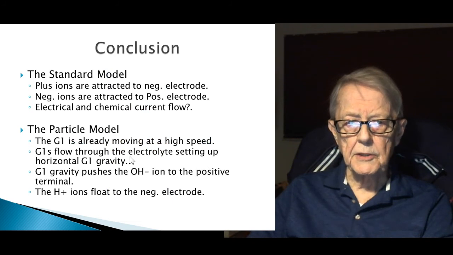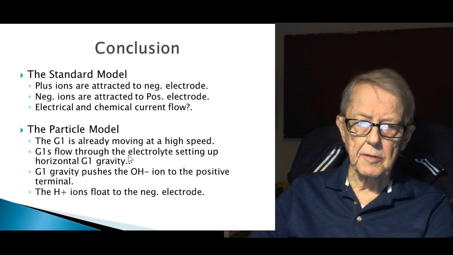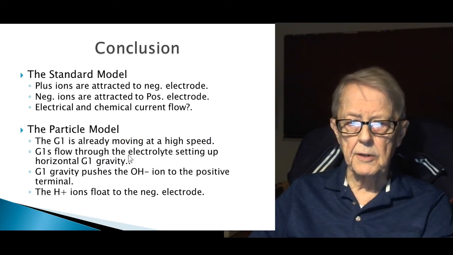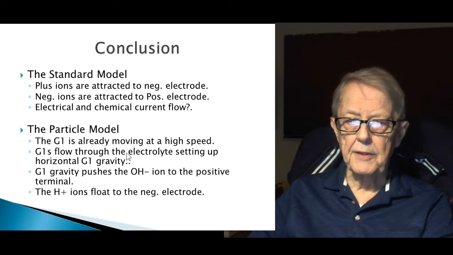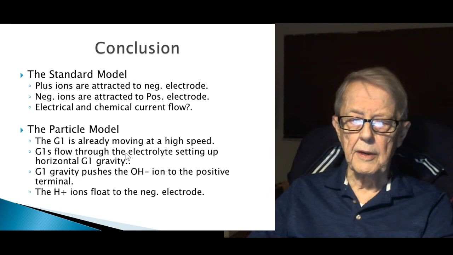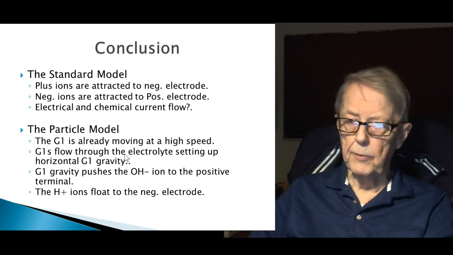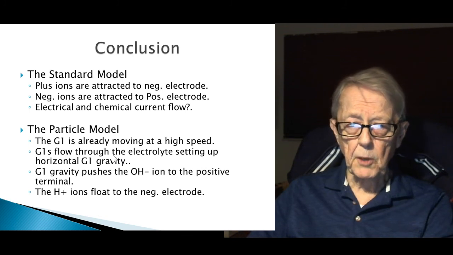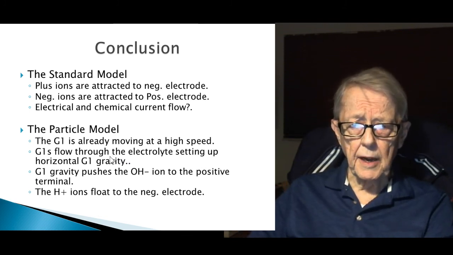So the conclusion: the standard model uses plus ions are attracted to a negative electrode, and negative ions are attracted to a positive electrode. And they continue their idea that there's an electrical current flow from the positive to the battery to the negative, and a chemical current flow with the ions flowing back and forth. That's their answer. Particle model, I claim the G1s are already moving at high speed.